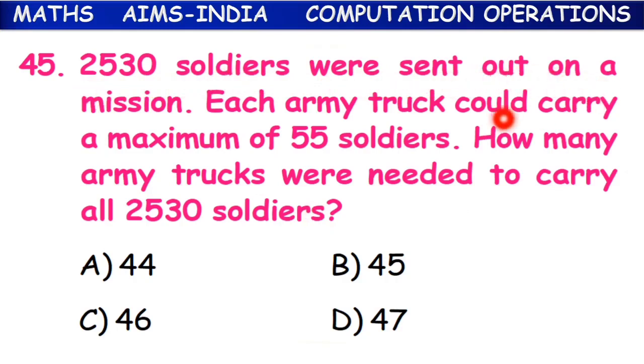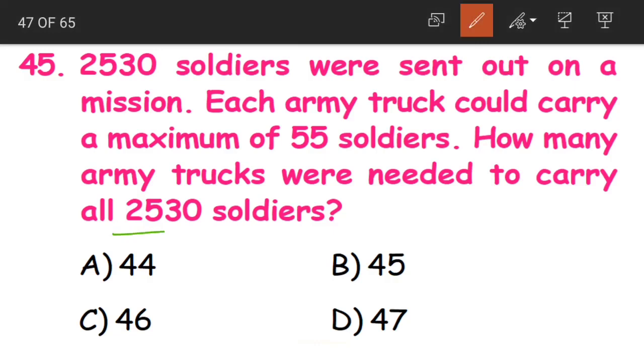2530 soldiers were sent out on a mission. Each army truck could carry a maximum of 55 soldiers. How many army trucks were needed to carry all 2530 soldiers? Now see, the total soldiers are given, and also the capacity of each truck is given. Now we need to find out how many trucks are needed. What should we do?